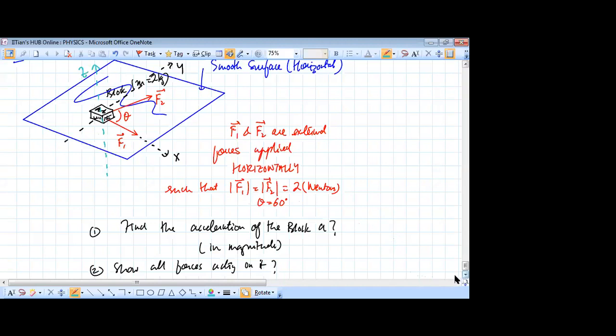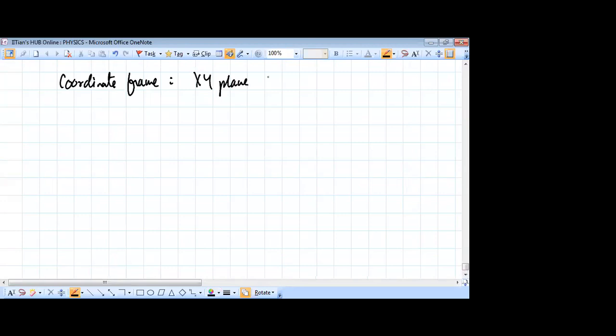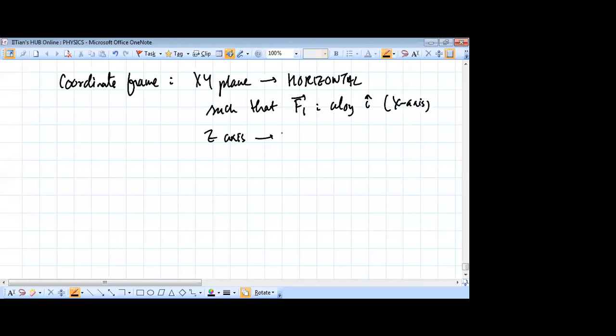So we'll take a system of axes, or we'll take a coordinate frame such that the xy plane is the horizontal, such that the direction of the force F1 is along i cap or x-axis, and therefore the z-axis becomes the vertical.